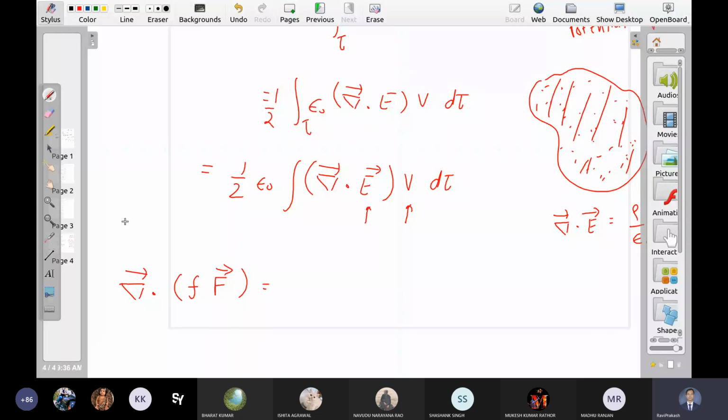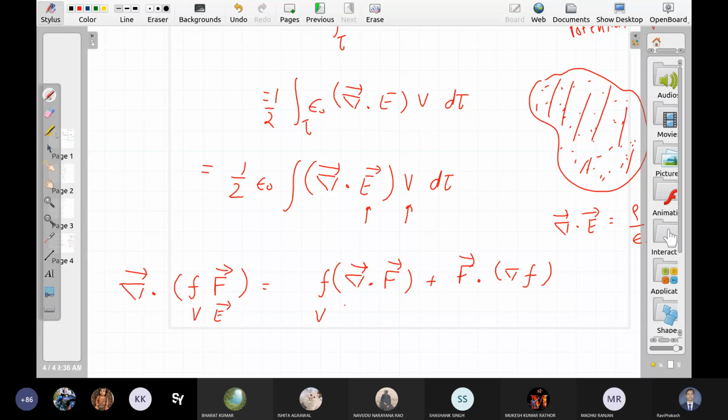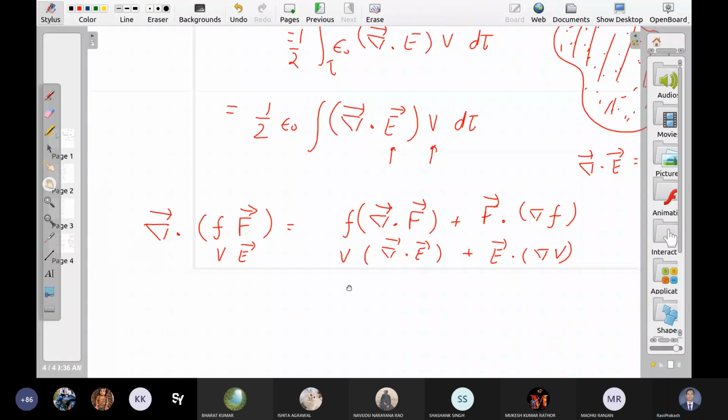Scalar quantity as it is. So in our case, this f is actually V, and this A is actually vector E. So what we have here is V del dot E, and here we have vector E dot del V, right? So we have this quantity right here.